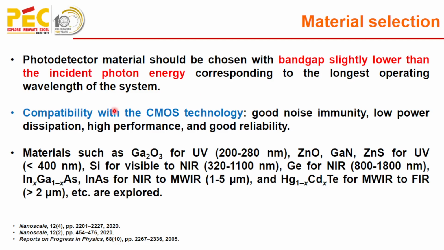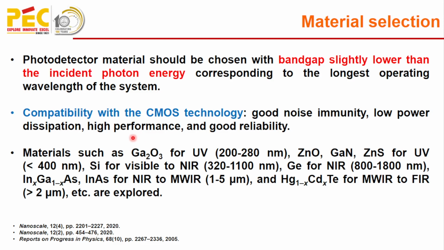The major issue for a photodetector is its CMOS compatibility, so as to provide the good noise immunity, low power dissipation, high performance and good reliability. So to achieve the high performance and CMOS compatible photodetector, an appropriate material should be chosen.